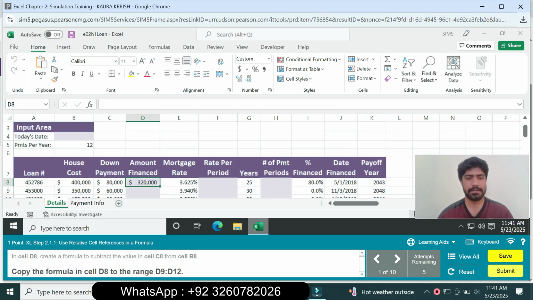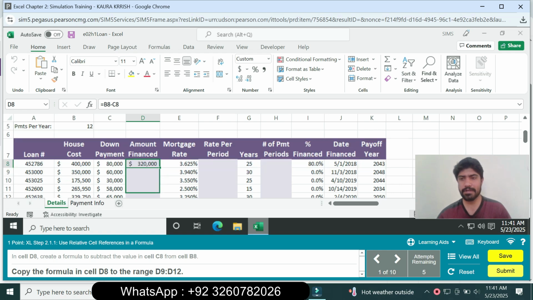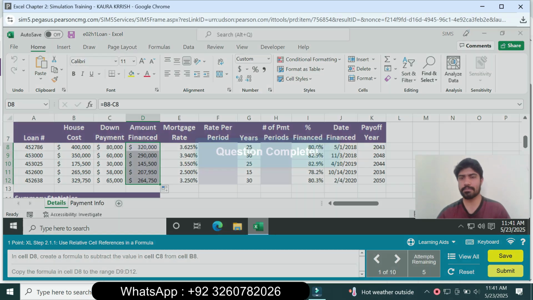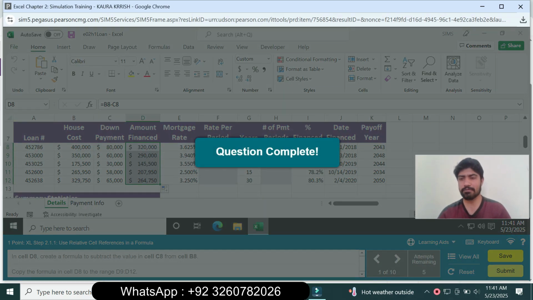Next is copy the formula in cell D8 to the range D9 to D12. So copy the formula to D9 to D12. Question number 1 is complete and we move to question number 2.